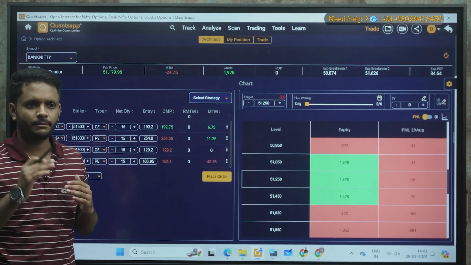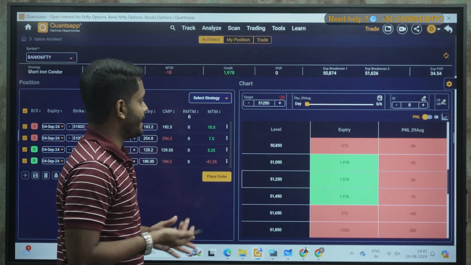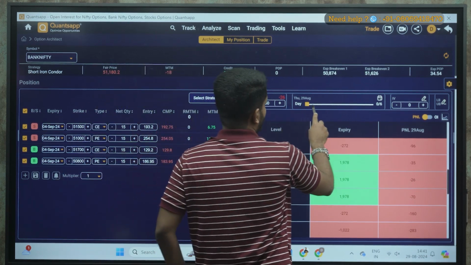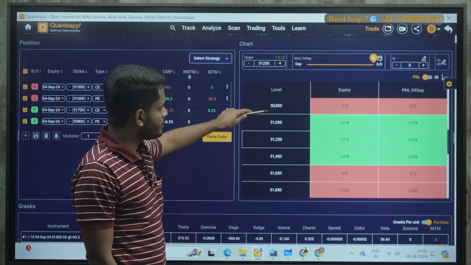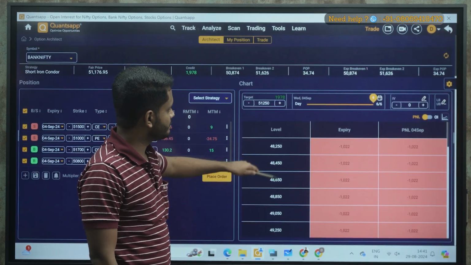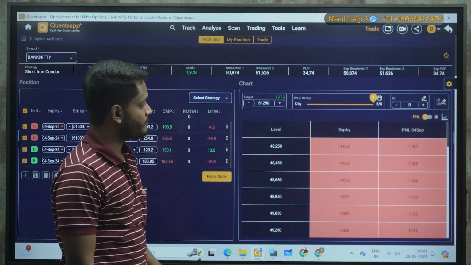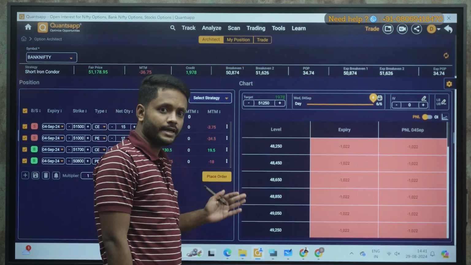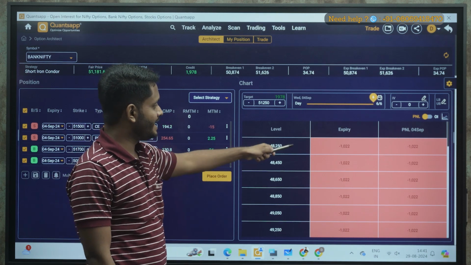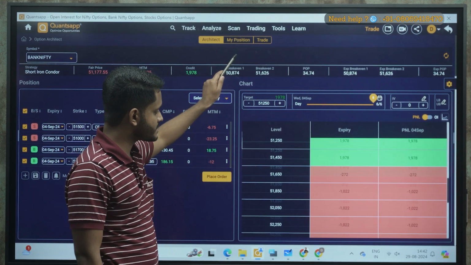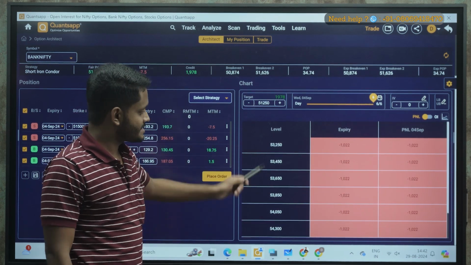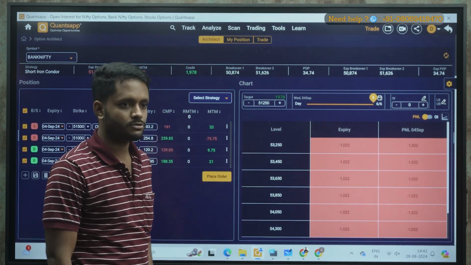So I am expecting the market to stay range bound. If the market expires in this range, I'll benefit, let's say I am holding it till the expiry. Now the maximum loss on the downside, say markets fall down to 48,000 or 45,000, I will still lose only 1,000 rupees. And on the upside, if the market shoots up, I will still lose only 1,000 rupees.